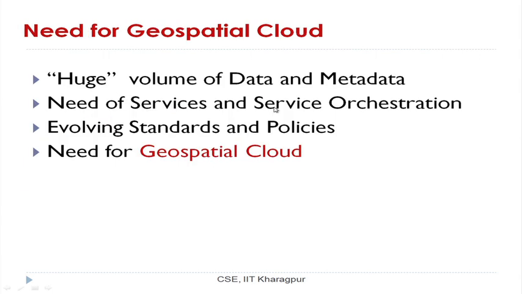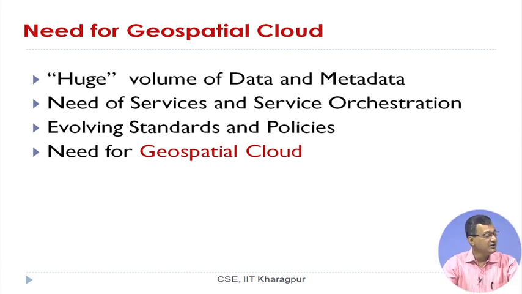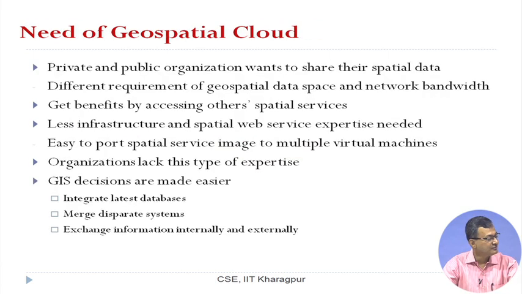So, what we see is a huge volume of data and metadata, a need for services and service orchestration, because my business rule may not be just to find a shortest path; I can have a series of services or processing services to be initiated. Evolving standards and policies basically lead to a need for a spatial cloud, or geospatial cloud.